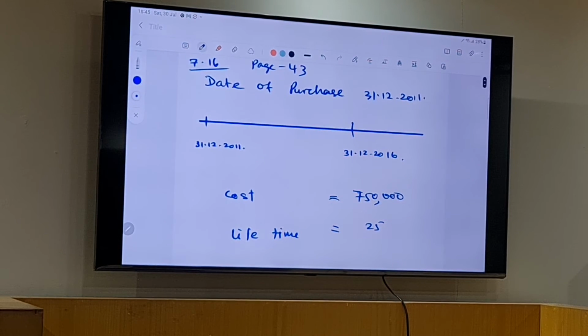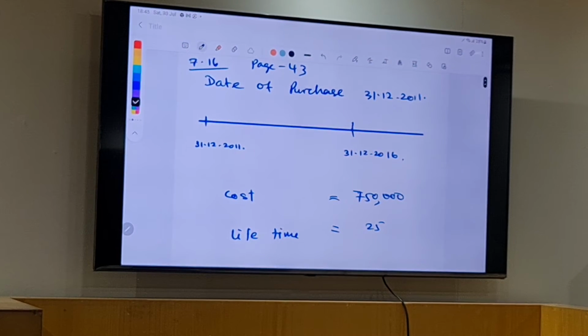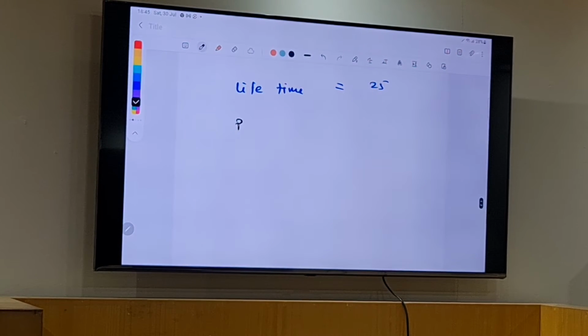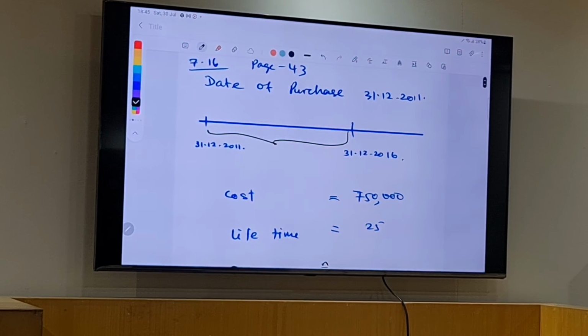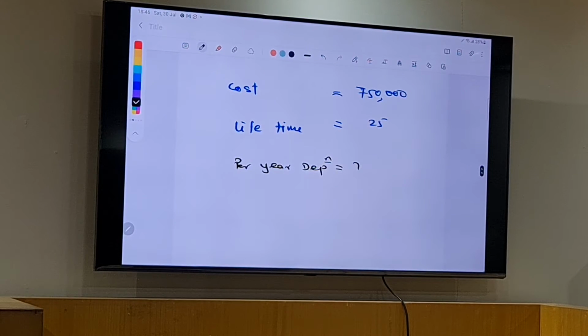So during this period, per year depreciation how much? 750,000 divided by 25 gives 30,000.